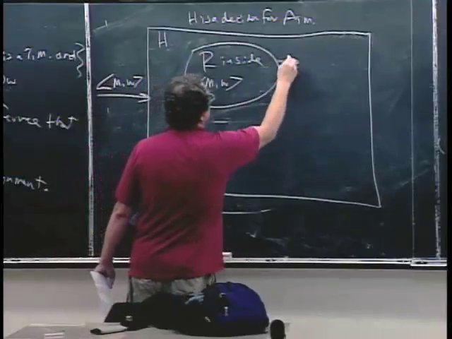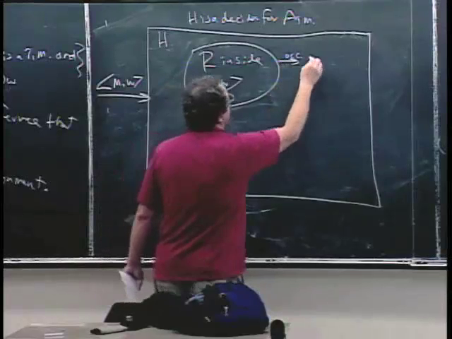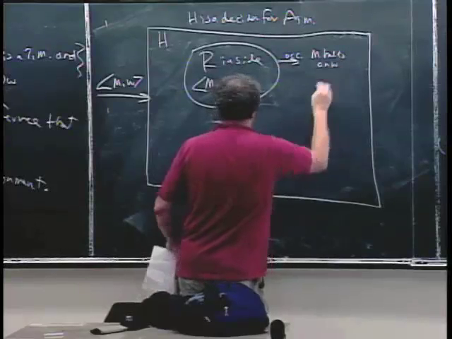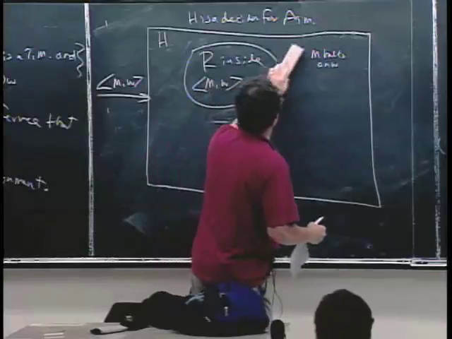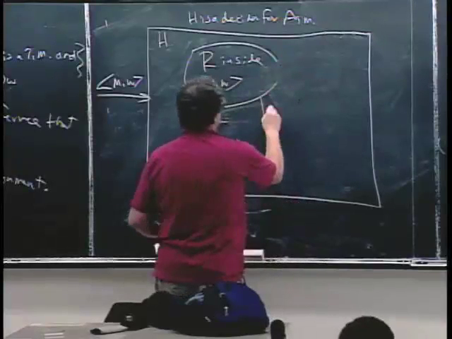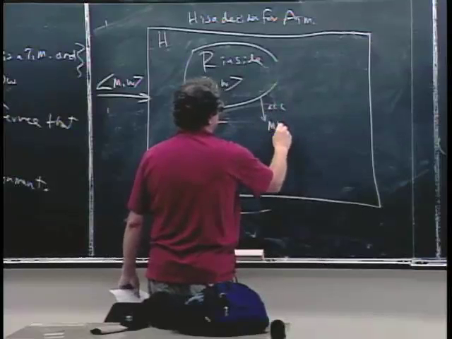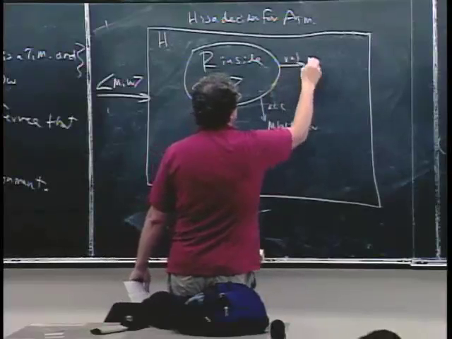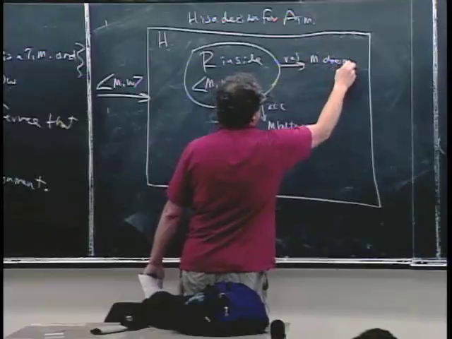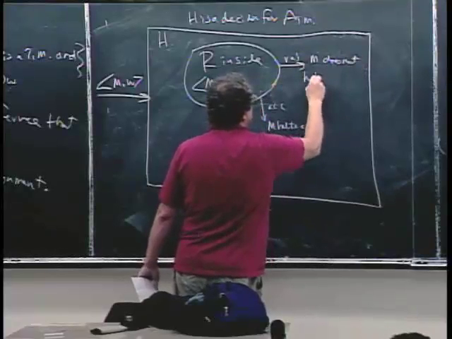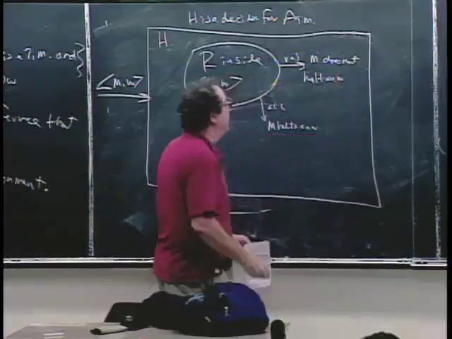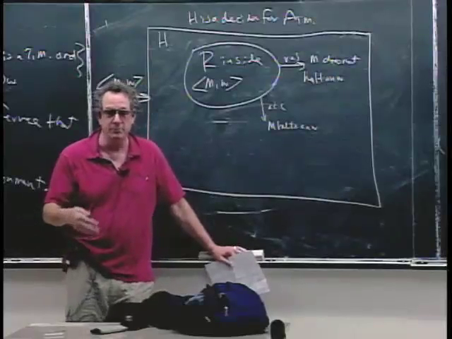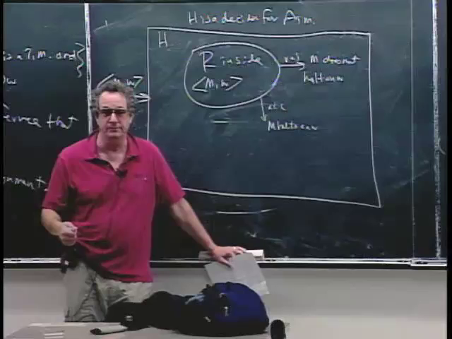It either accepts, which means that M halts on W, or it rejects, which means that M does not halt on W. Well, if M doesn't halt on W, M certainly doesn't accept W, right?